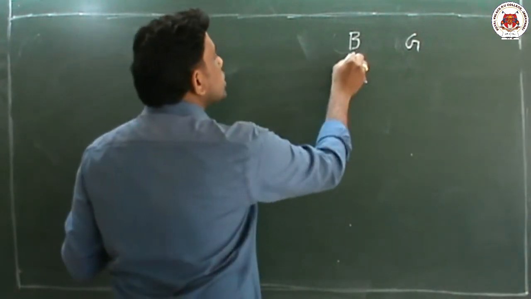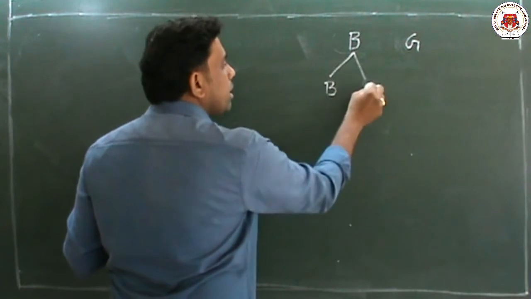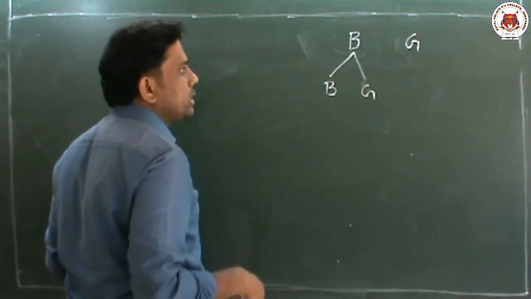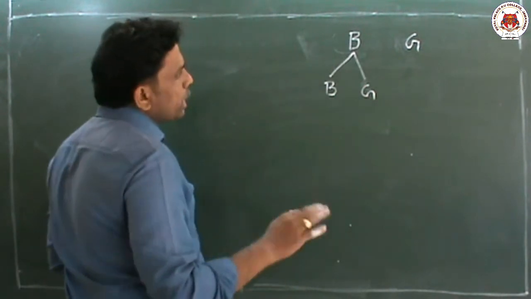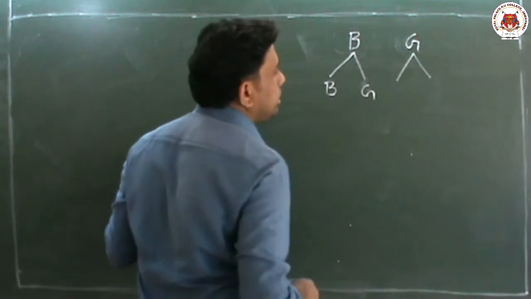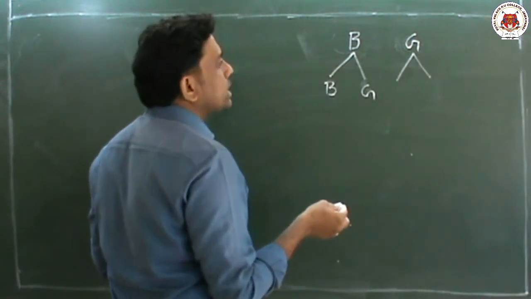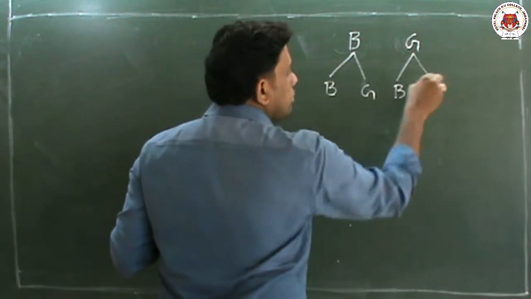Then for the second chance we also can't guess which one he will get, either boy or girl. Now assume the first is a girl. Then the second chance also we can't guess; we get either boy or girl.